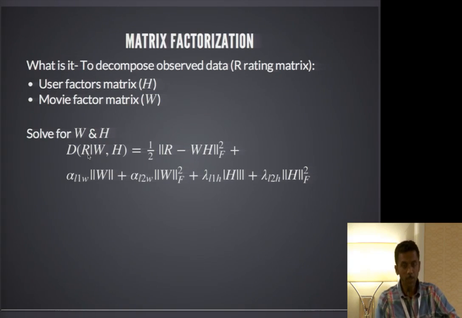The equation we are seeing in this slide is a very generic one, where the first term shows that we want to decompose the rating matrix in terms of the two factor matrices such that the reconstruction error is minimized. At the same time, the second and the third terms fundamentally introduce sparsity on those two factor matrices. And the fourth and the fifth terms introduce some sort of smoothing factor.